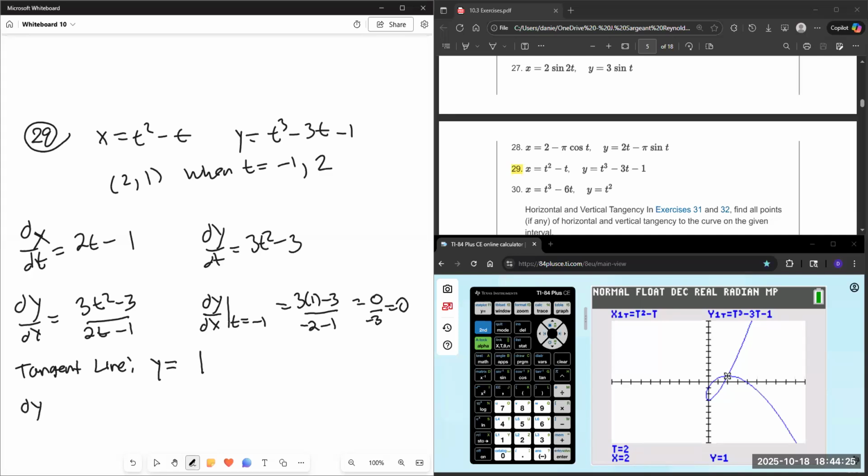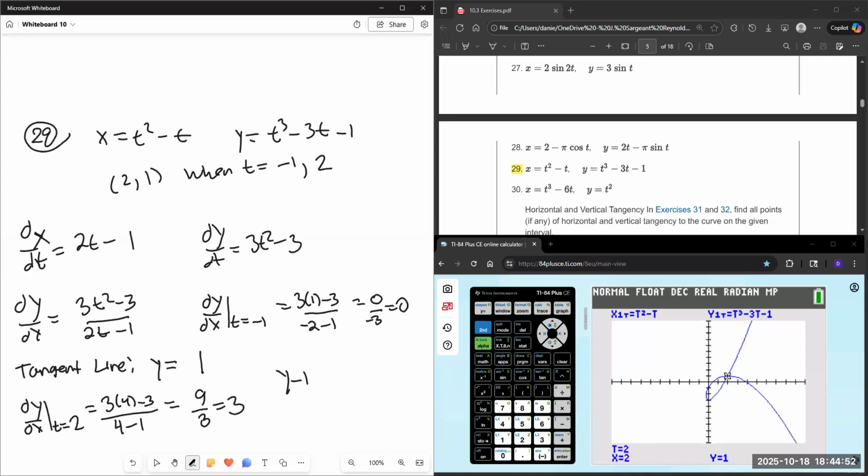And then dy/dx when t is equal to 2 is 3 times 4 minus 3 over 8 over 4 minus 1, which is 9 over 3, which is 3.